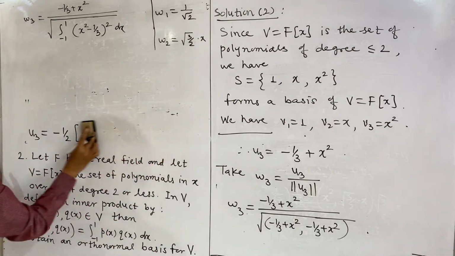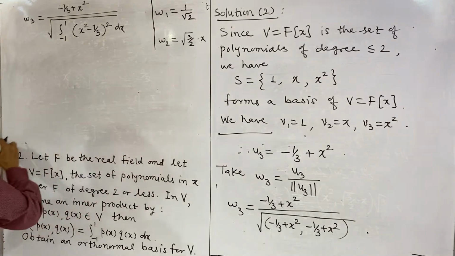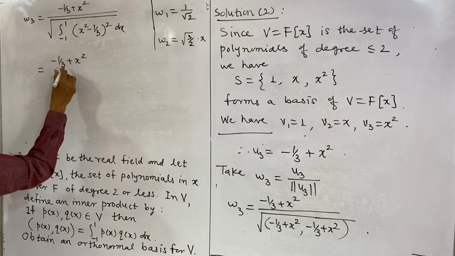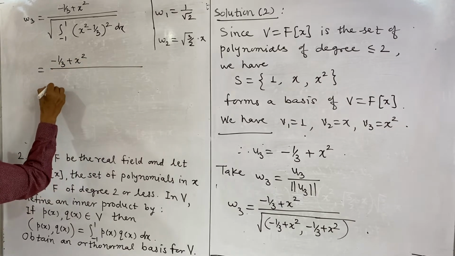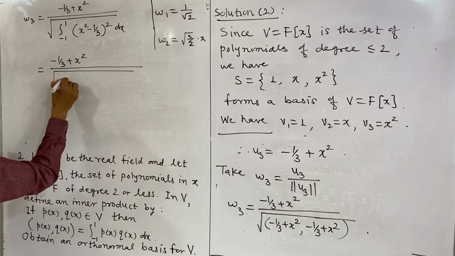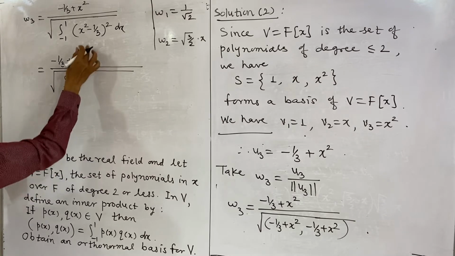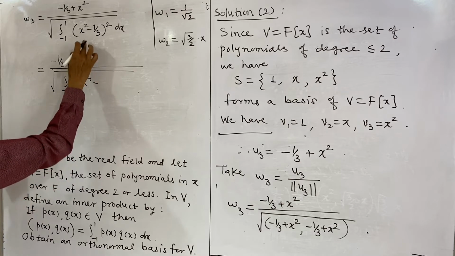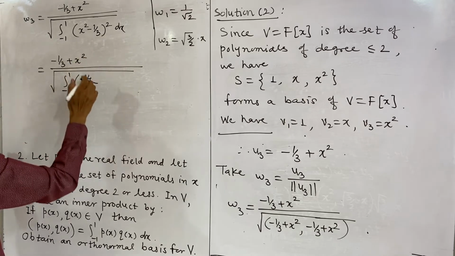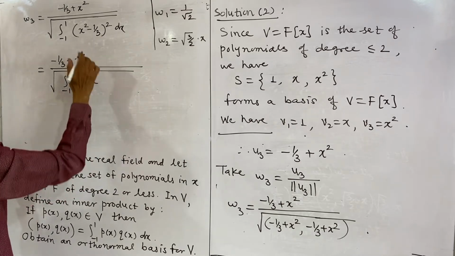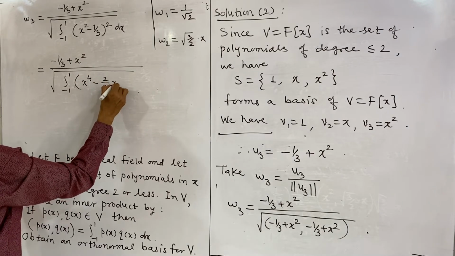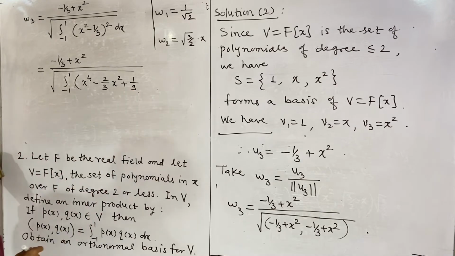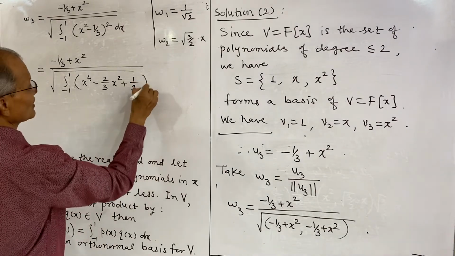Thus this can be further evaluated as minus 1/3 plus x square divided by the square root of the integral from minus 1 to 1. We shall expand this, and that will be x power 4, the square of x square, minus the middle term 2/3 x square, and the third term is the square of minus 1/3, that is 1 by 9, into dx.